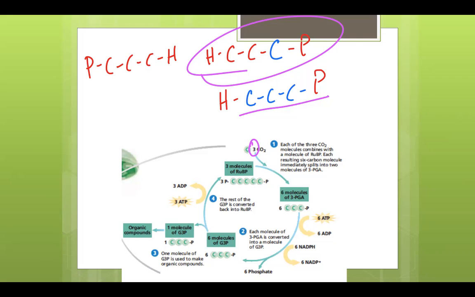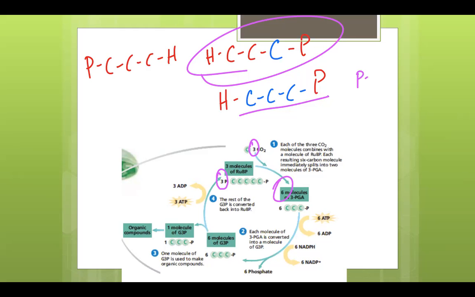Because it's a 3-carbon compound, that means you need 3 carbon dioxides to come in per turn. That means that those 3 carbon dioxides combine with 3 molecules of RUBP. And when those 3 molecules of RUBP split up, you're going to form 6 molecules of 3-PGA.